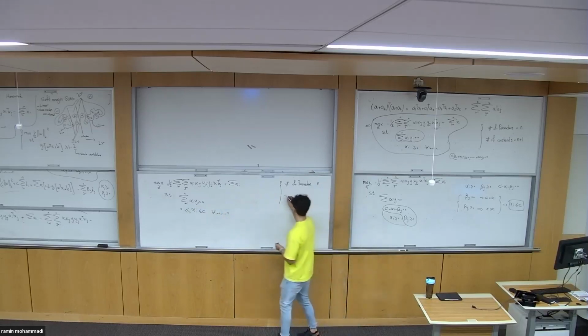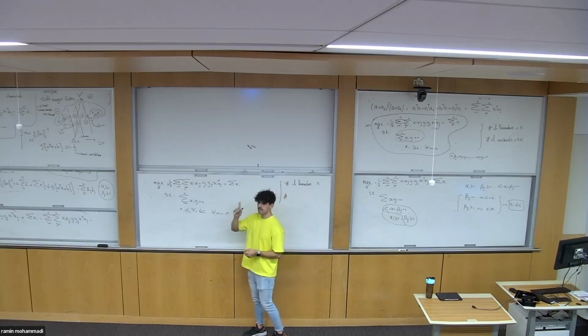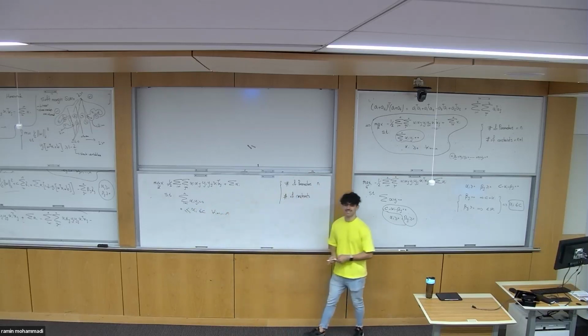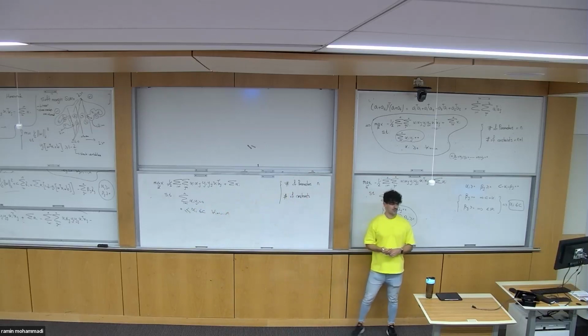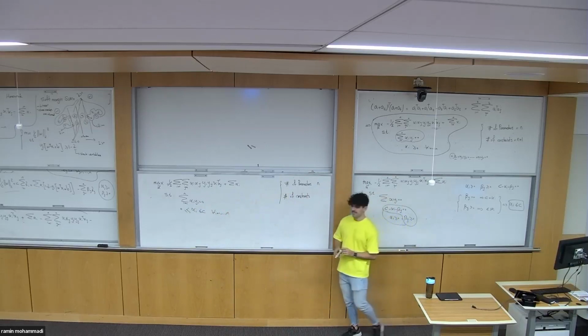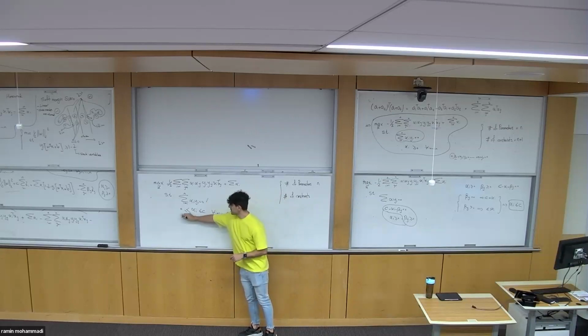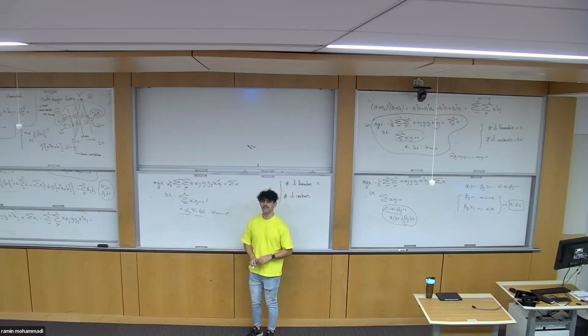Now, how many constraints do you have? Let's break this down. How many constraints do you see here? 2n plus 1. Why? There's 1, right? This repeats n times: alpha is greater than 0 n times, alpha is less than C n times.